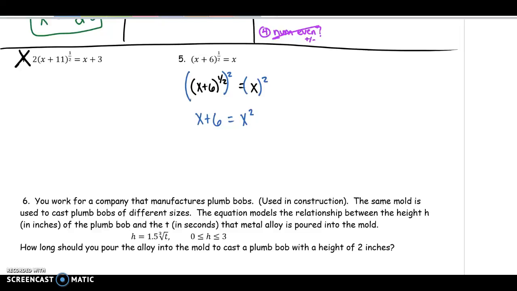When you have x squared and x in the same equation, you have to get 0 on one side and factor. So I'm going to subtract x on both sides and subtract 6 on both sides to get 0 equals x squared minus x minus 6. So this step is get equals 0 on one side.